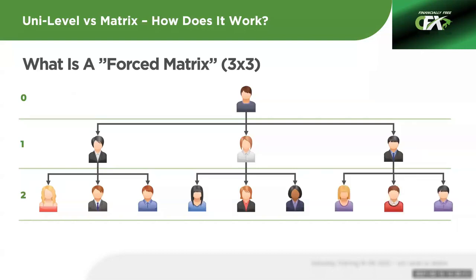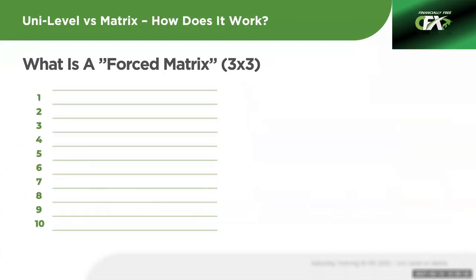So on your second level you have 3 times 3, which is 9. So on your third level, you would have 3 times 9, which is 27. Okay, so let's just look at that.